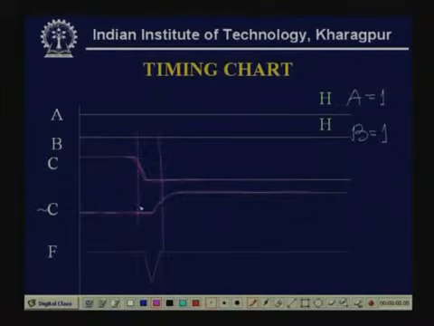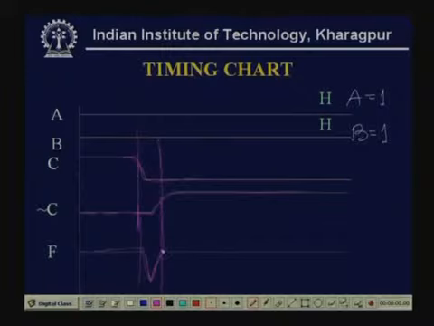So, in between this time, when C switches from 1 to 0, C dash becomes 0 to 1, in between these, at the output of the F, there will be a glitch, and this we are defining as a hazard.